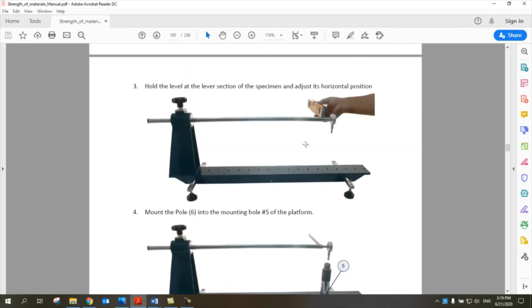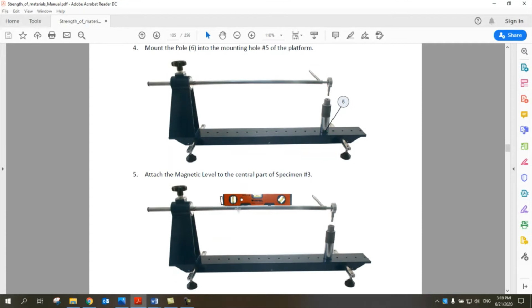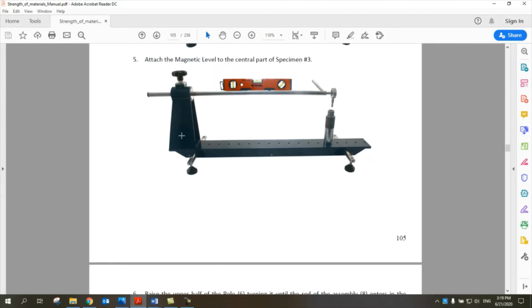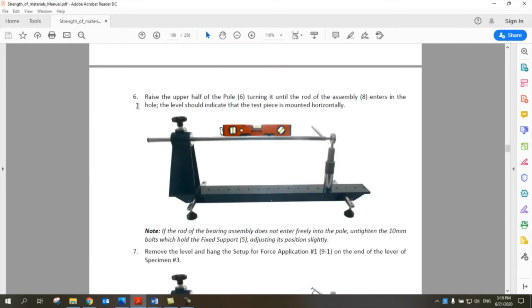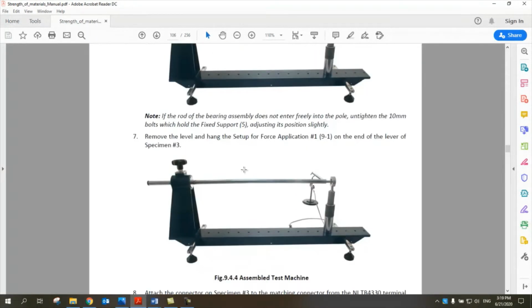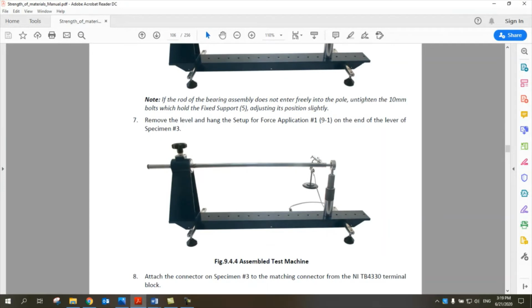You remember, in the previous step we made the arm leveled at 0 angle so that we don't have any initial angle, and now we do the same on the other surface of the shaft so that we don't have any deflection initially. After that, we can raise or control the upper half of the pole so we have that level horizontal. And lastly, you will add our weight to be fixed in this element here.